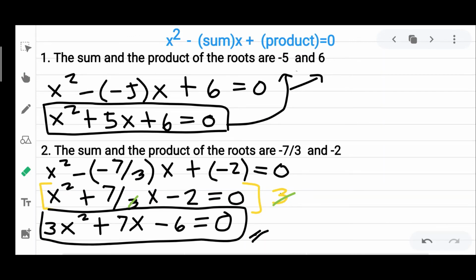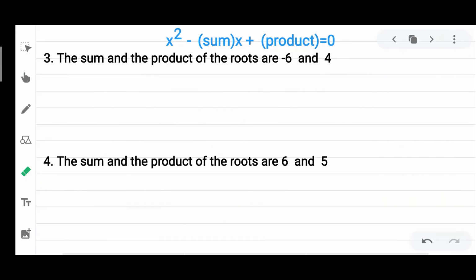So, for our third example, kunin din natin yung quadratic equation. So, given the sum and product of the roots which is negative 6 and 4. Now, bring down x squared minus, ano ba yung sum?